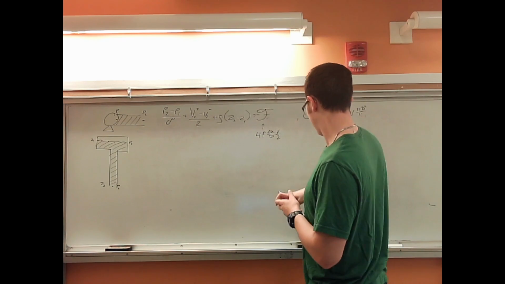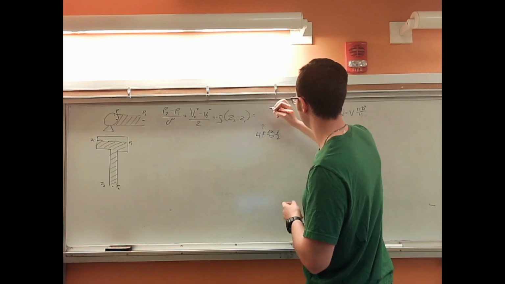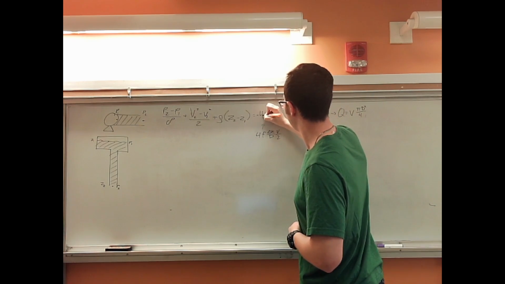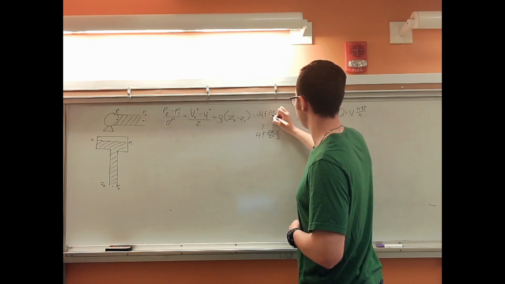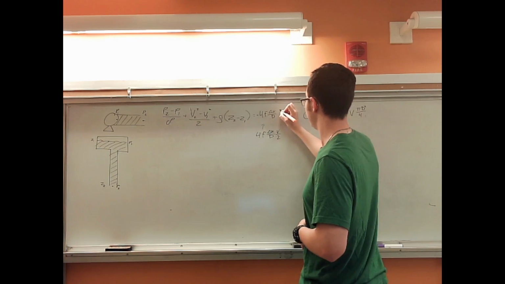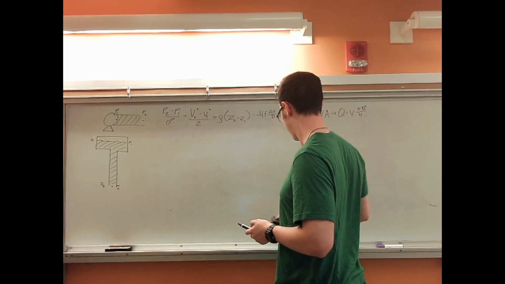So I'm just going to plug that in up here. It is equal to negative 4 times the friction factor times the change in position divided by the diameter times velocity squared over 2. I can erase this.